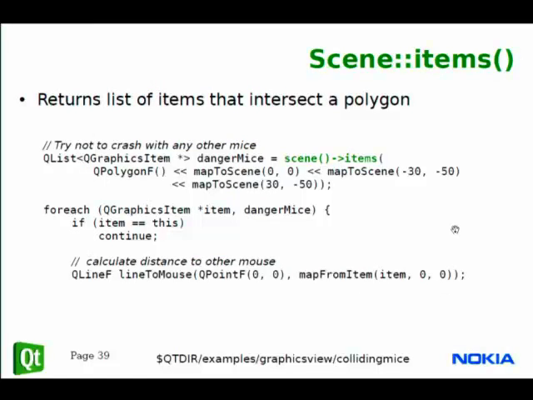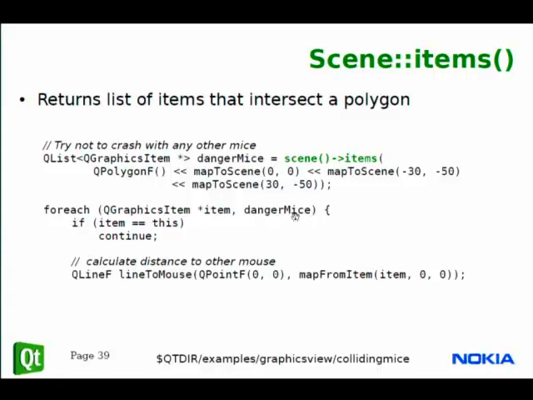Scene's items method returns a list of items that intersect with your polygon. So items takes a QPolygon, and then you can pass it the points that make up your polygon this way. And since we want scene coordinates, we actually have to call mapToScene from our item.